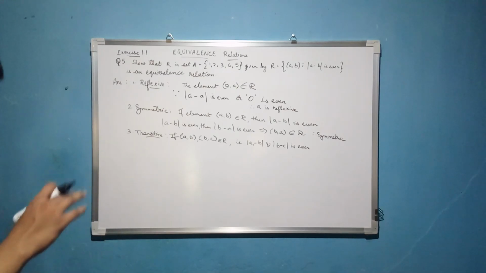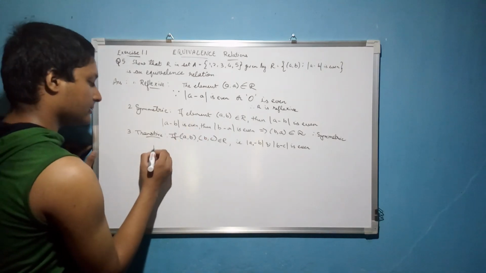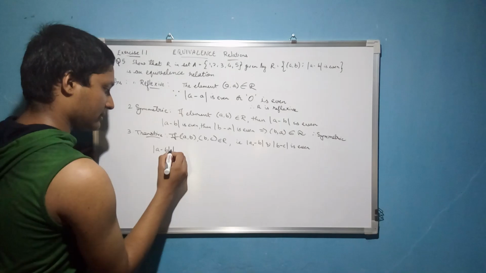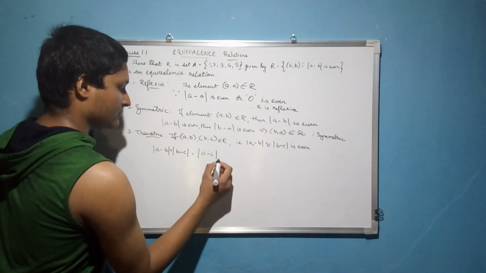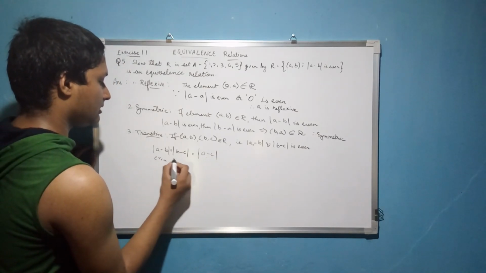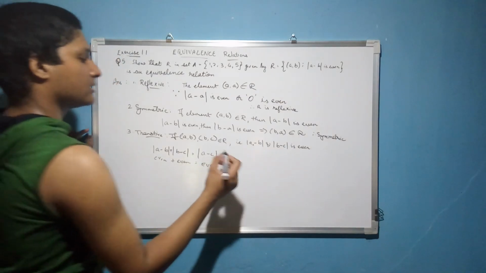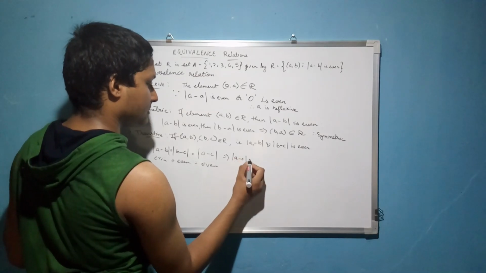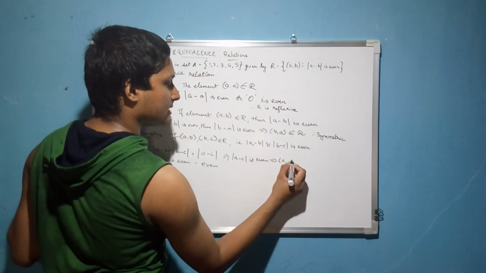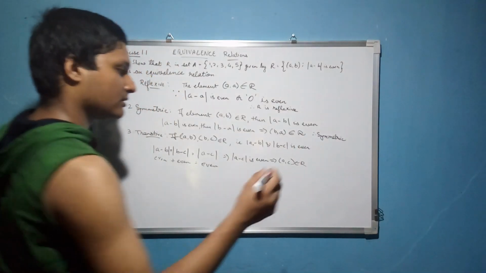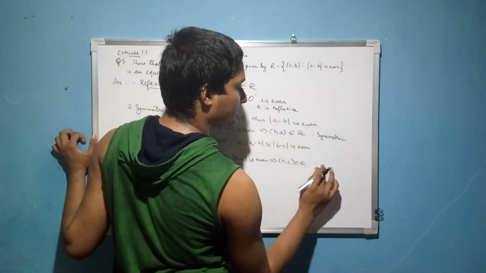By the law of adding, even plus even is also even. So by adding a minus b and b minus c, we get modulus of a minus c. If both these are even, even plus even gives an even. That implies a minus c is even. Therefore, (a, c) also belongs to R. That means R is transitive.